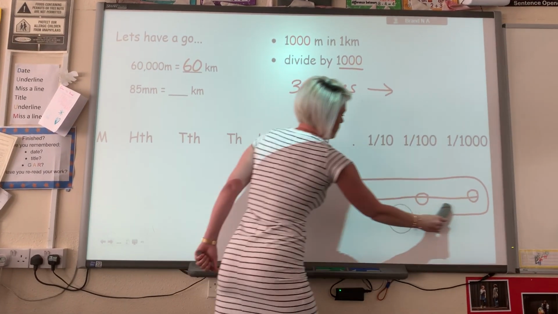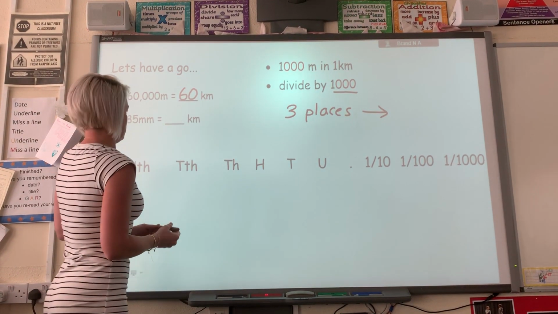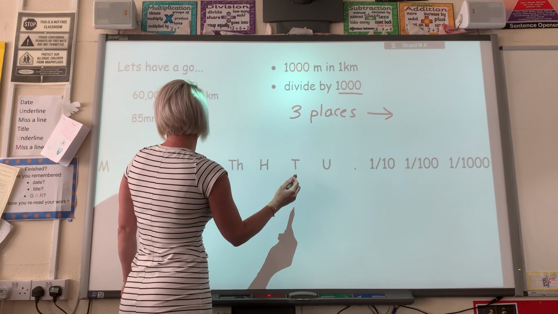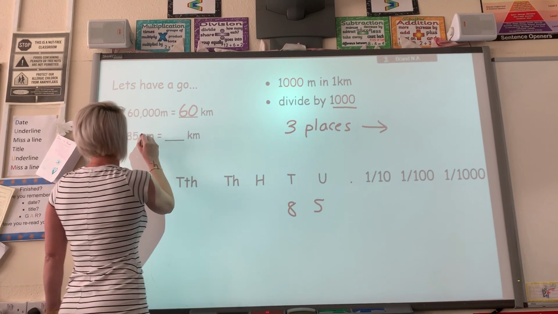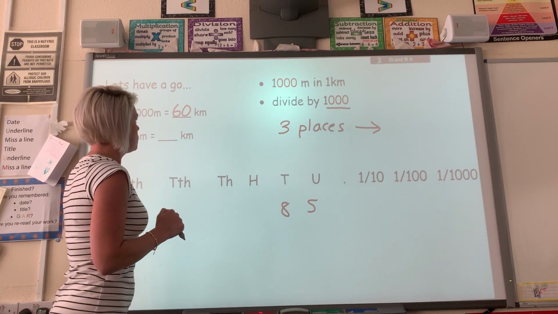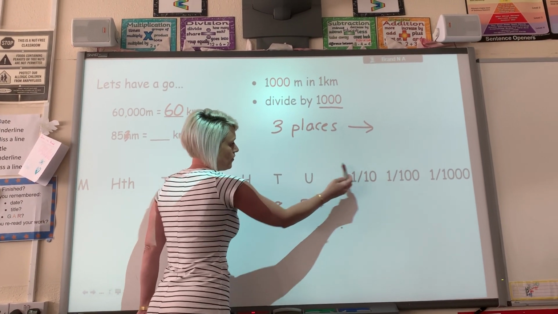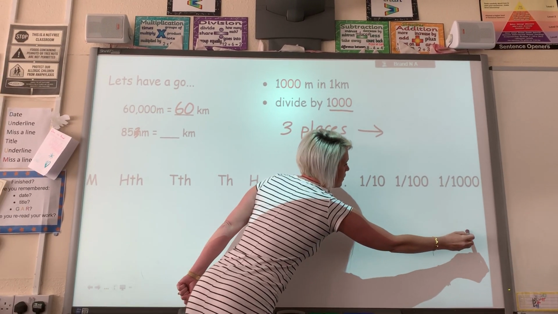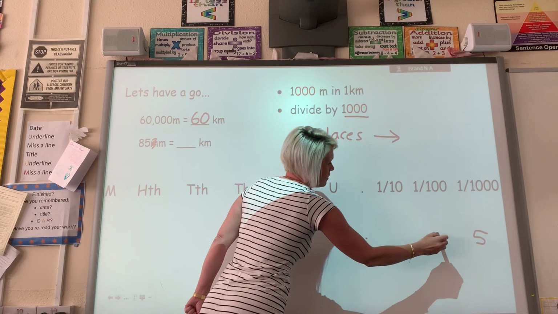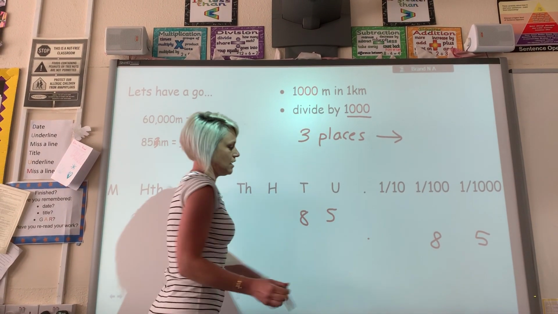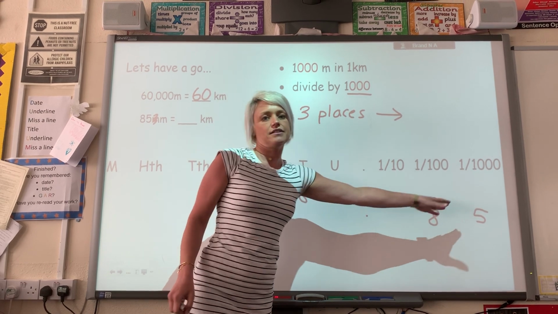And the next example, 85 metres. It says millimetres, sorry. 85 metres equals how many kilometres? So jump 3 places. 5, 1, 2, 3. 8, 1, 2, 3. Now this time, we can't have a point and a blank, then 8 and 5.